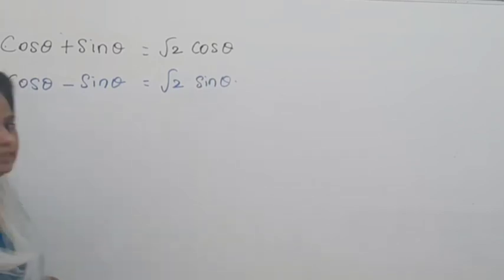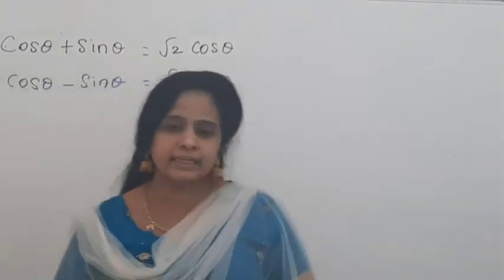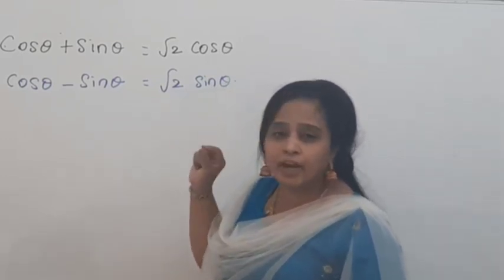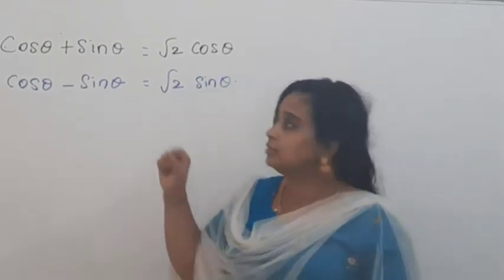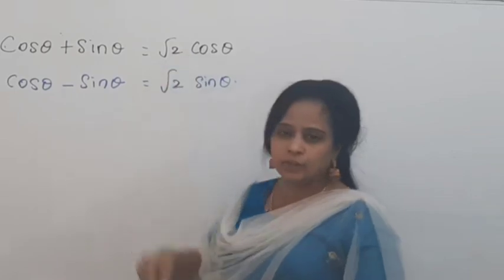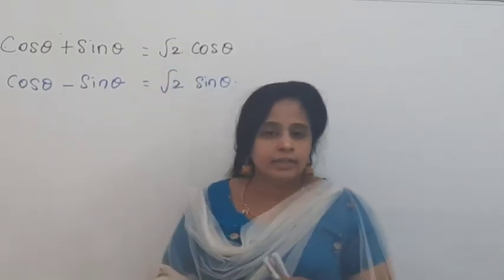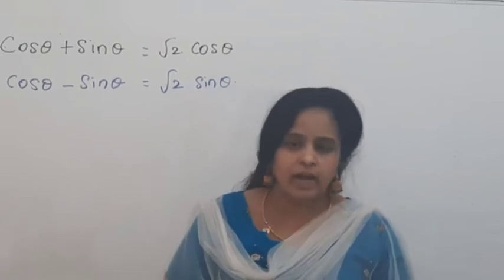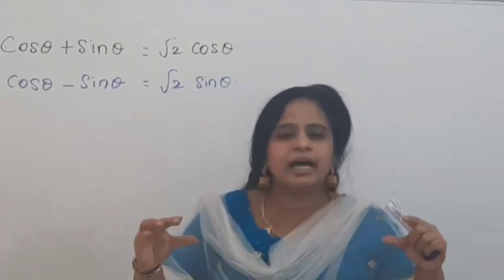Children, the next hint I am giving: if you get a square root in an equation, the immediate thought must be, how do I remove that square root and make the equation simple?